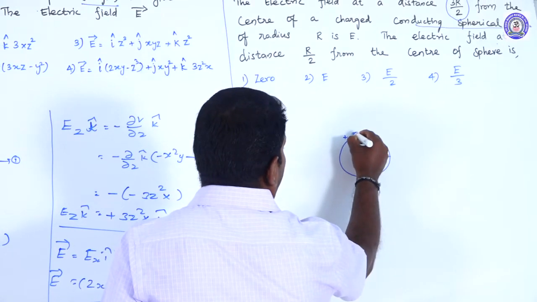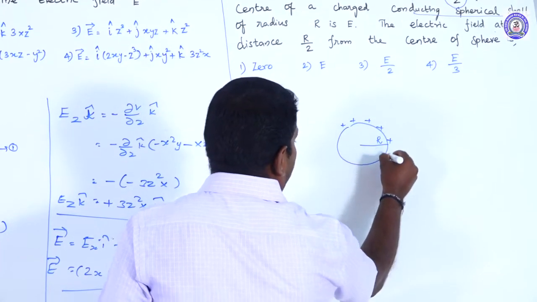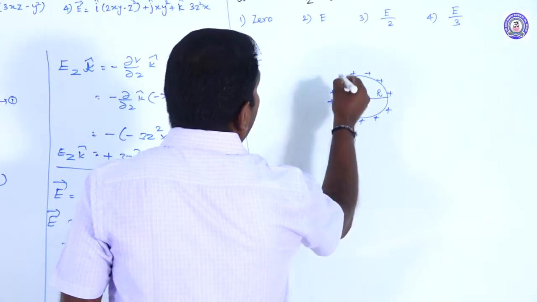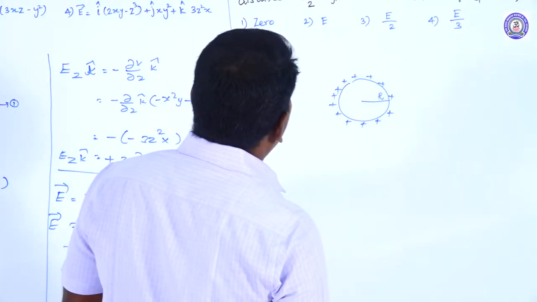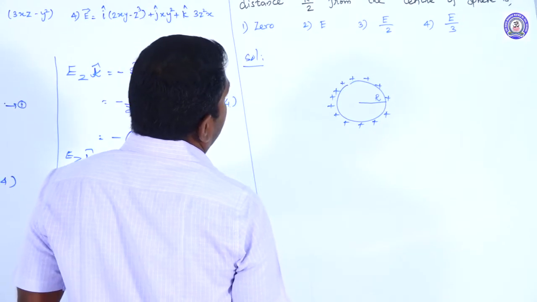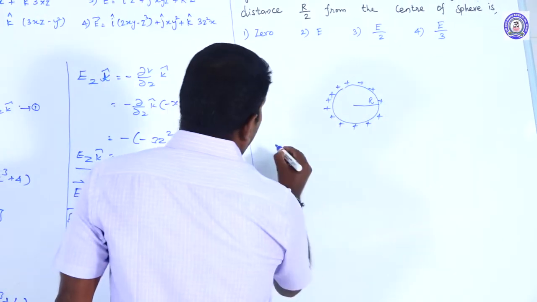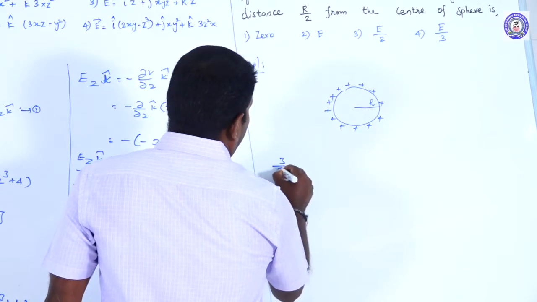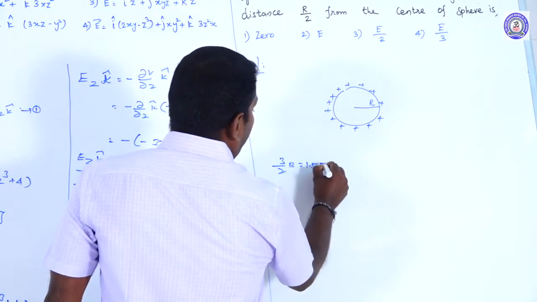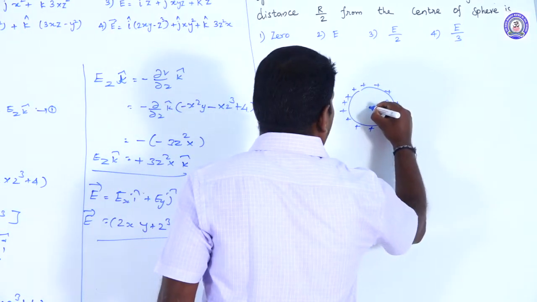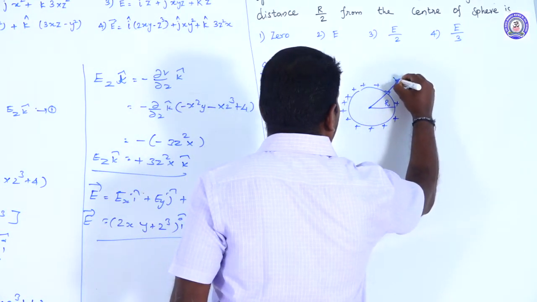The given positive charges are uniformly distributed on the surface of the spherical shell. Given the electric field at a distance 3r divided by 2, the distance 3r divided by 2 means 3 divided by 2 r, which is equal to 1.5 times the radius of the spherical shell. That point lies from the center of the spherical shell.